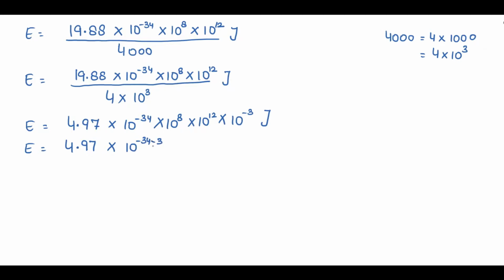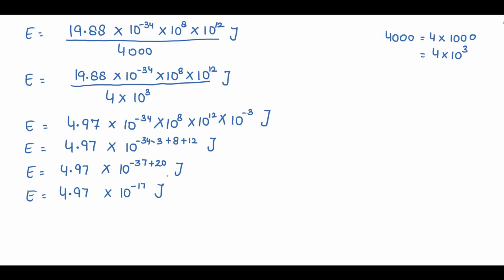I'll take the powers with negative sign together and the other powers together, so 8 plus 12. So it will be minus 37 and 8 plus 12 is 20. Units joule only. When you subtract 20 from 37, the answer will be 4.97 into 10 raised to power minus 17 joule. This is the energy of one photon.